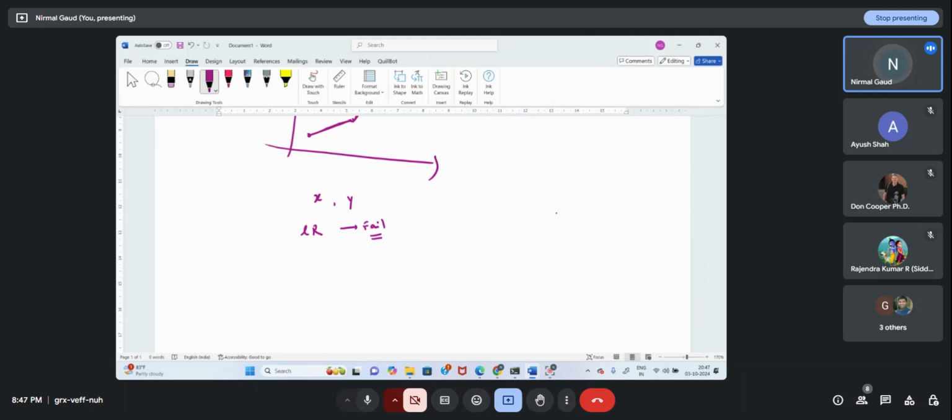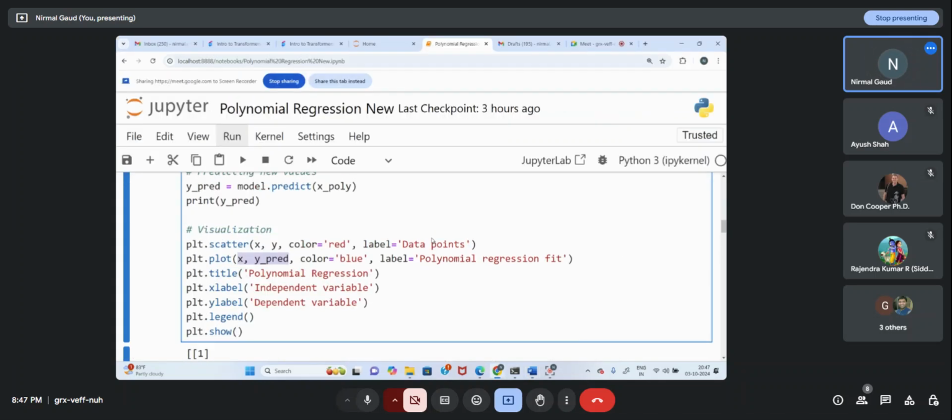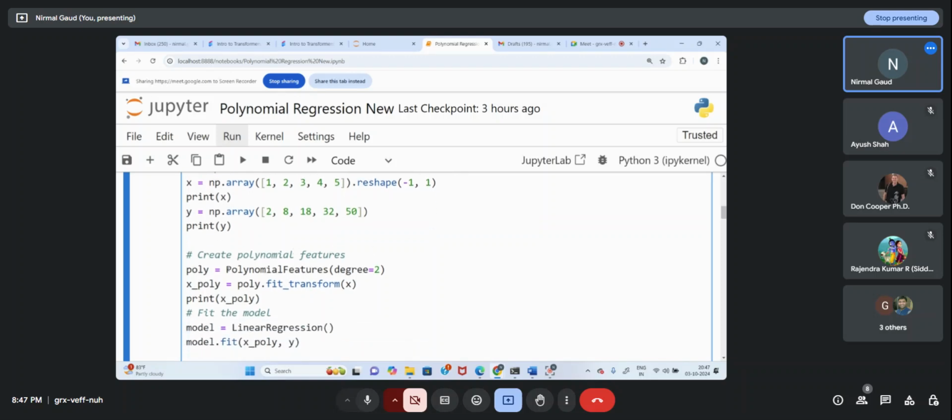Then next, you tried that there might be features which are showing a polynomial relationship. So you took poly features with degree 2. 2 is your assumption.